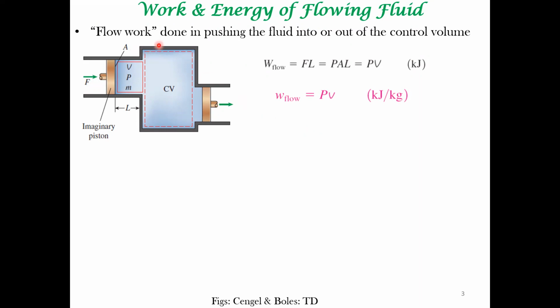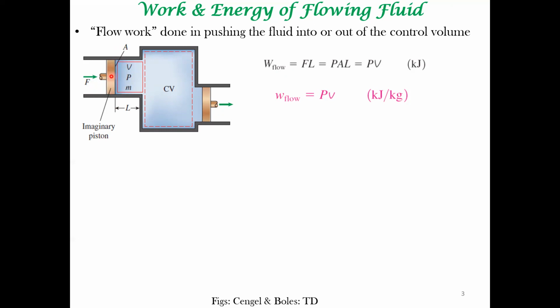Flow work involves the work done in pushing a fluid into a control volume or outside a control volume. For example, if a fluid is flowing in, you can imagine the fluid being acted upon by an imaginary piston.